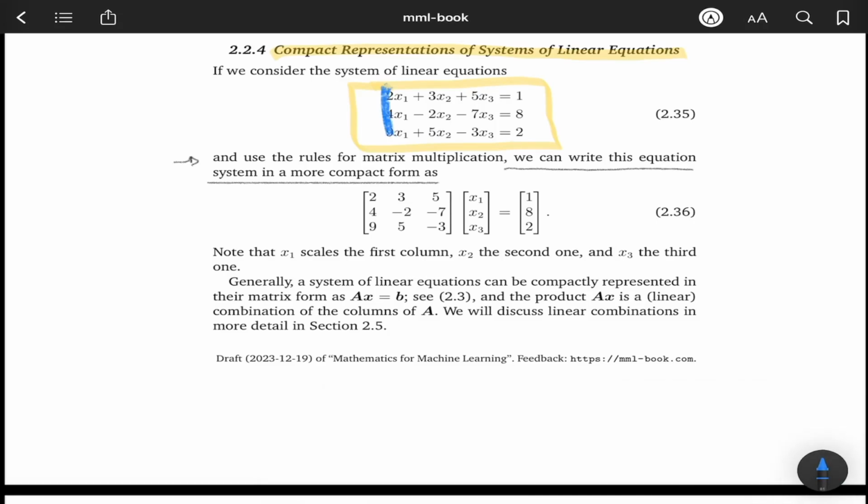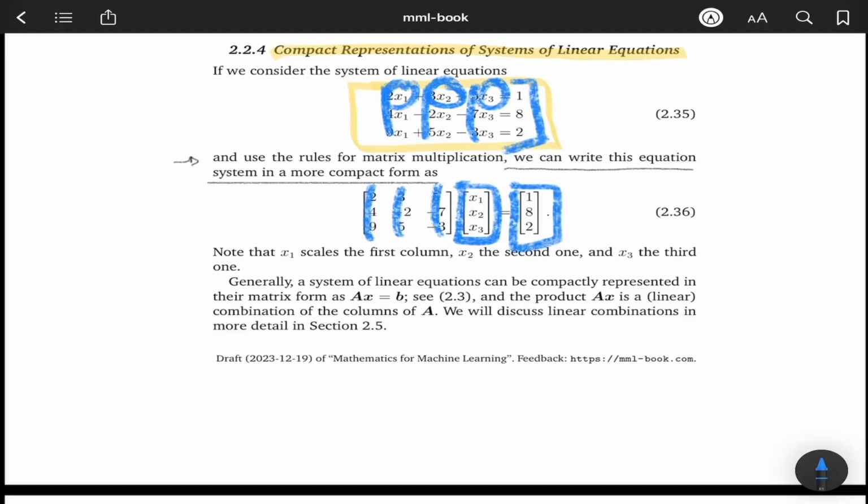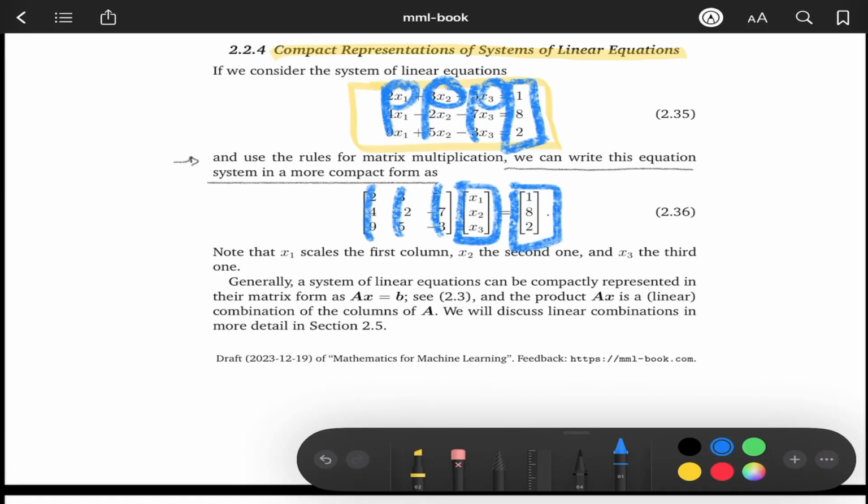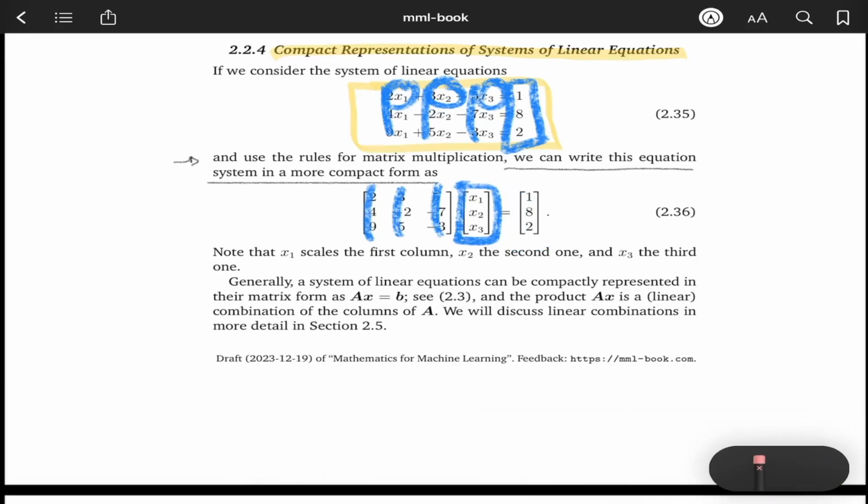What they're doing is they're taking the coefficients and putting them here, then they abstract out the vector. This is basically a vector. And then you have the solutions, basically. It's not the solution, but what is it? The value, let's say, on the right side.